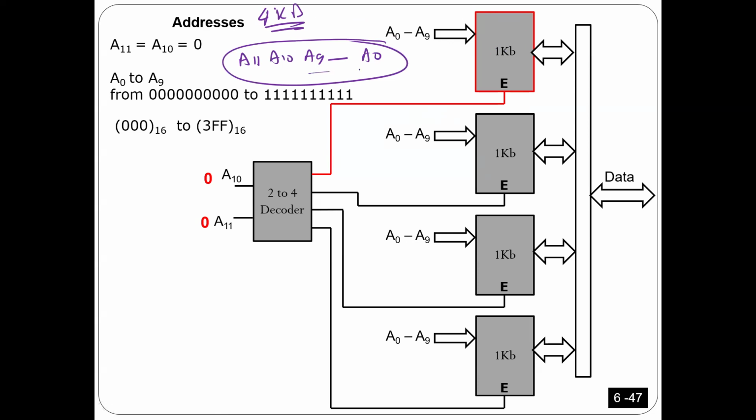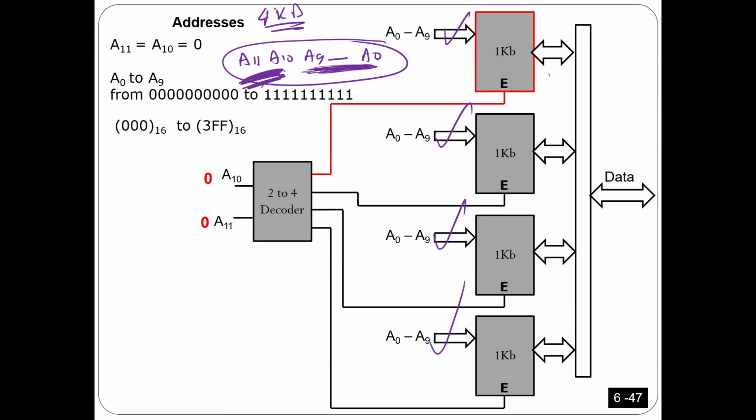So what I will do is use the first 10 bits, A0 to A9, connected to all of the chips, as you see here. But I'm going to use the last 2 bits to select 1 out of 4. The first 10 bits are connected to all of them, so all of them are going to work at the same time.